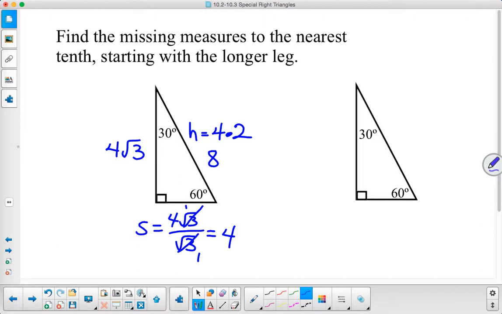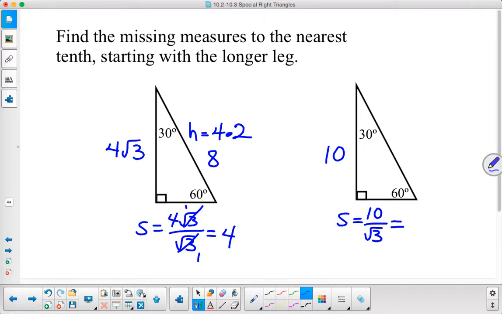So that one I gave you a square root of 3 in the measurement to start with. Now on this next one, I will not give you that. Let's say the longer leg is just 10, not 10 times the square root of 3. Short leg still, if you know the long leg, you get the short leg by taking the long leg and dividing by the square root of 3.